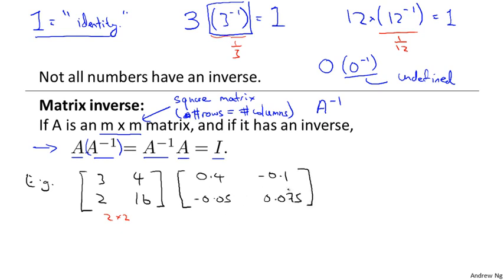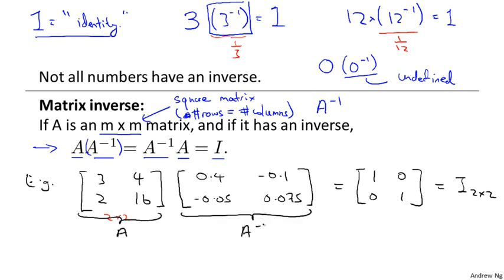And if I multiply these together, what I get is the 2 by 2 identity matrix, I. I can write this as I 2 by 2. On this slide, this first matrix is the matrix A, and this matrix is the matrix A inverse.